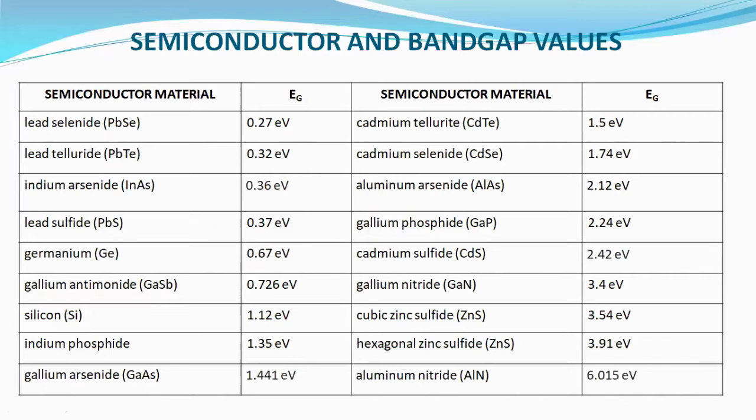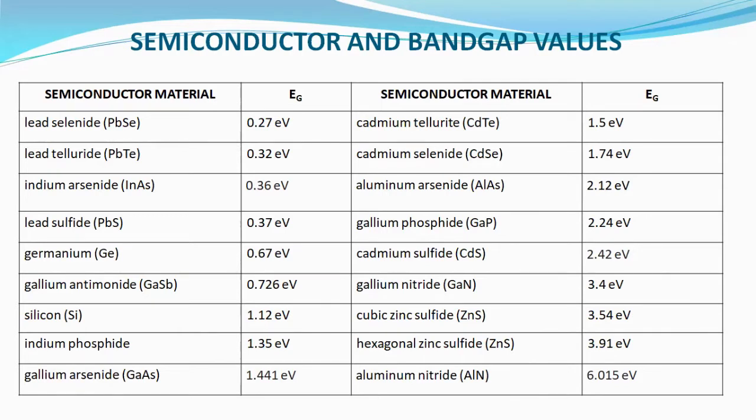Lead selenide has 0.27 electron volt energy gap value. Lead telluride has 0.32 electron volt. Indium arsenide is a very famous semiconductor material having 0.36 electron volt. Lead sulfide 0.37. Germanium 0.67.